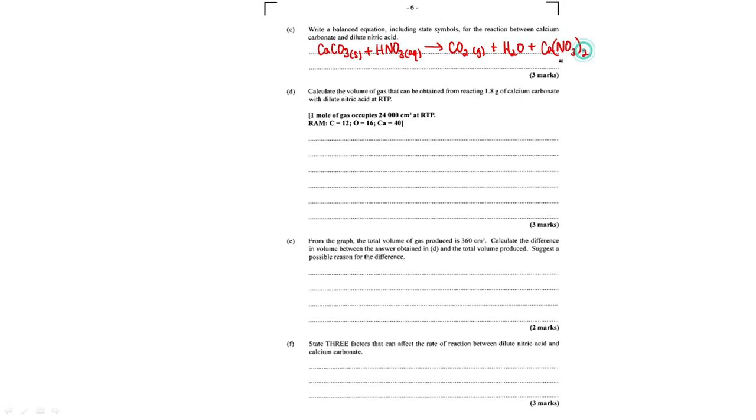If you look here, you would see that the nitrate anion, there are 2 of them, and there are 2 hydrogens on this side. So what I would do is show you how to do it. You could balance this by saying, well, I have a calcium over here, I have a carbon atom.